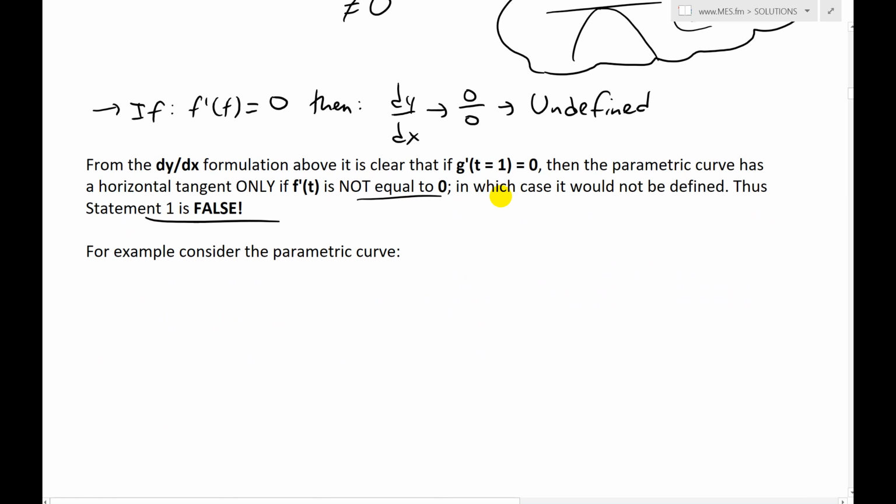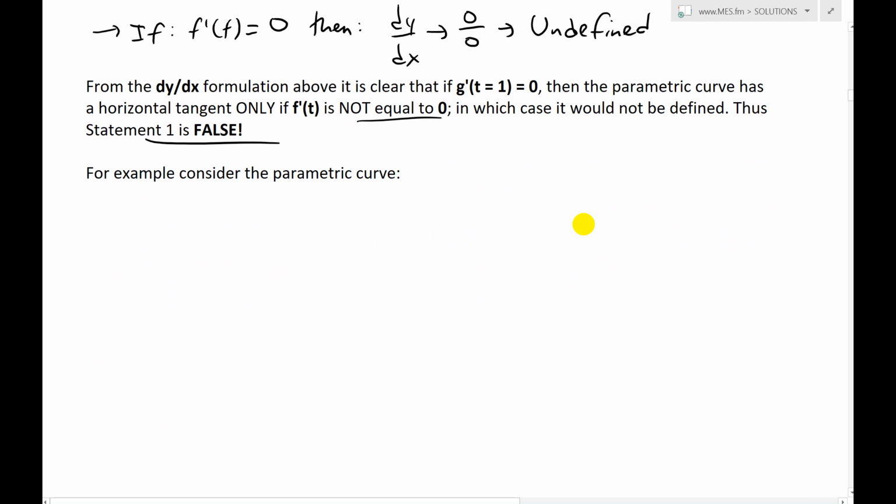For example, consider the parametric curve over here, just to get an example of why it would be false. So if x equals f of t, and let's say it equals (t minus 1) to the power of 3, and then we have y equals g of t, and let's say this equals (t minus 1) to the power of 2 instead.